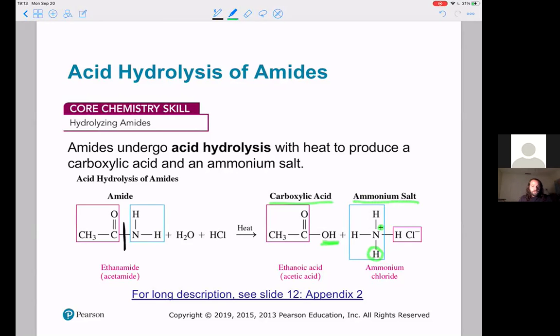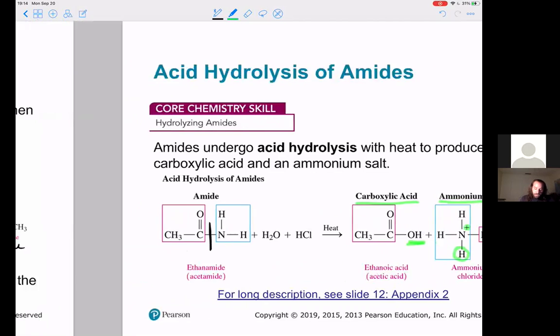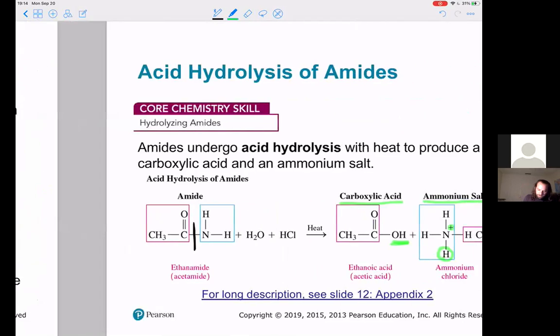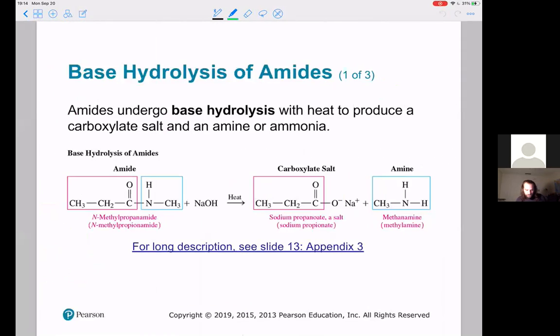It's always cleaving at that same place between the carbonyl carbon and the nitrogen. The difference is under acidic conditions, you get a carboxylic acid and an ammonium salt. Under basic conditions, you get a carboxylate ion and an amine. Okay, so this is just another example of the base catalyzed hydrolysis.